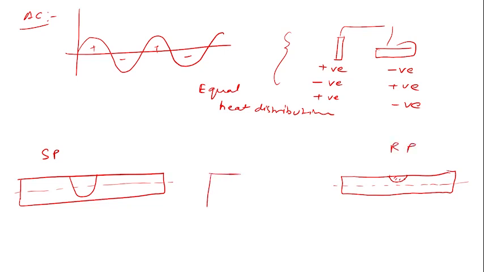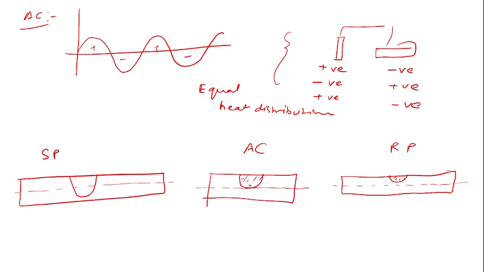And in the AC it will be medium, a center depth of penetration, because equal heat will be generated at the electrode and the workpiece.